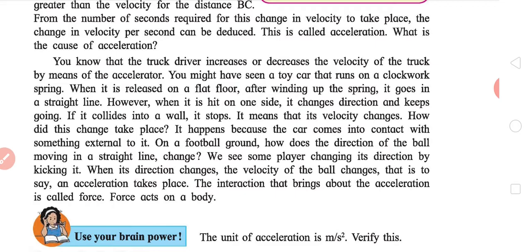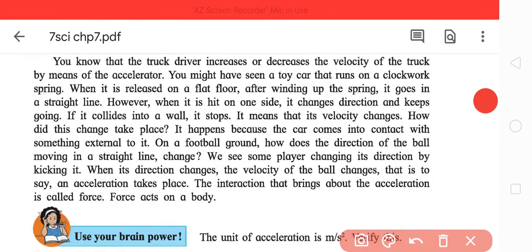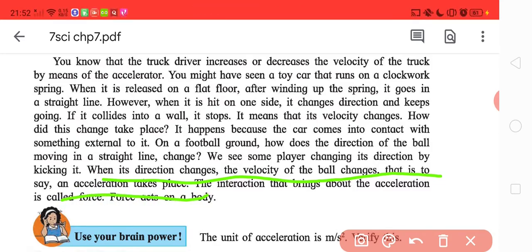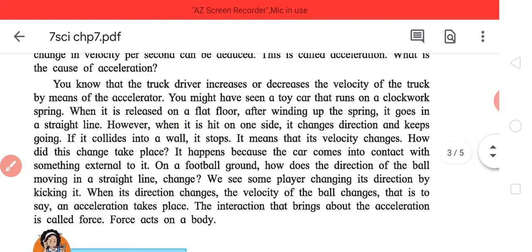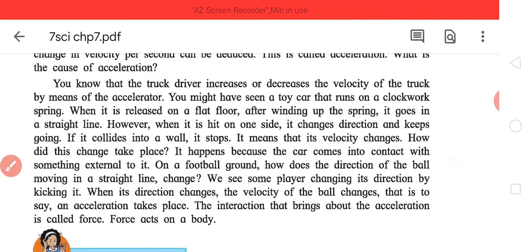But one exception is when the direction changes, the velocity changes, the velocity of a ball changes. That is, acceleration takes place. It's not necessary that change only in velocity magnitude has to occur. A change in the direction of velocity, even though magnitude is constant, gives rise to acceleration.